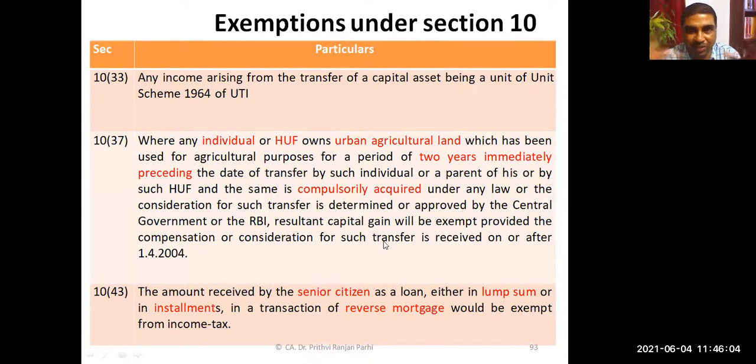So if you summarize the exemptions under Section 10, there are three. One is transfer under the unit scheme. Second is urban agricultural land compulsorily acquired, which has been used by the individual, HUF or their parents for agricultural purposes for the immediately preceding 2 years. Third is money received in lump sum or installments by a senior citizen in a reverse mortgage transaction, which is also exempt.